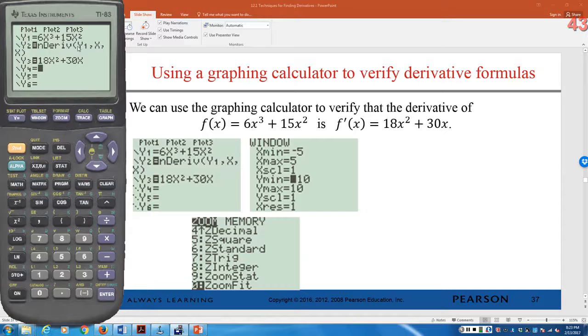So I'm going to see if I graph these two, do they appear to be the same function, or will I see two different lines? If I see two different lines, I did something wrong when I got my derivative. But if I only see one line or one curve, that means my answer matches the numerical derivative answer, which means my answer is right.